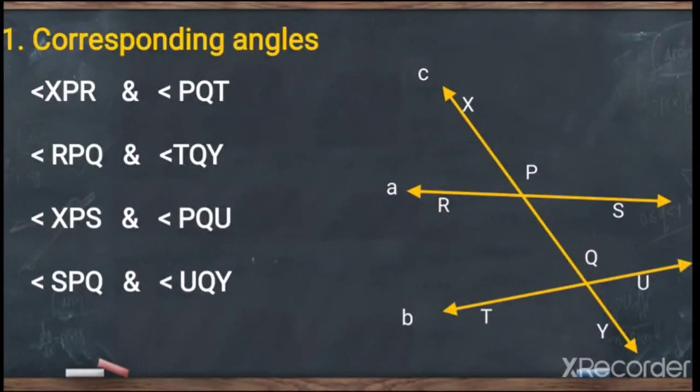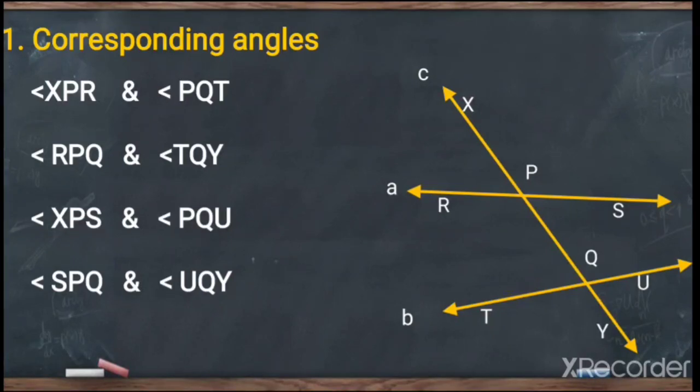Here in this figure, I am using the left side of the transversal and upward direction of the lines. So here the first angle is XPR, and its corresponding angle is PQT.